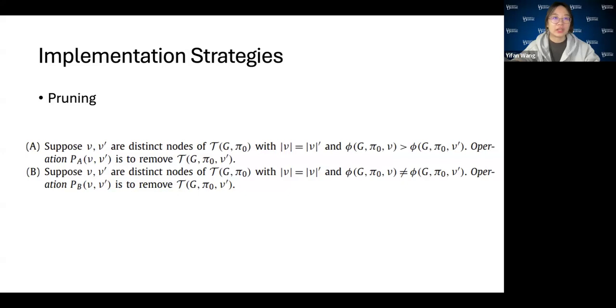This means that if the current partition labeling doesn't align with the node environments required for an isomorphism, the algorithm will cut this path, saving computation time. Specifically, we have the following two pruning rules. For nodes in the same level, if one node has a smaller node environment than another, it will remove this node and this path. And for nodes in the same level, if their node environments are not the same, the node will also be ignored.